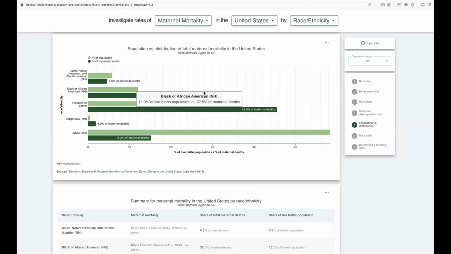So that's just another way to show this disparity, that Black, Hispanic, and Indigenous people are far overrepresented when you talk about deaths versus their share of the population. And then the inverse here, in America, roughly 60% are white, and only 15% of the maternal deaths.